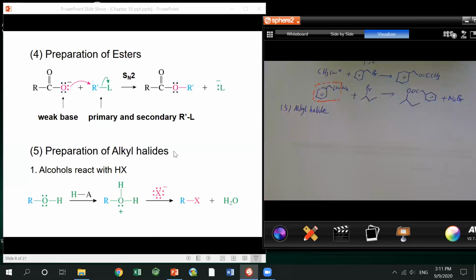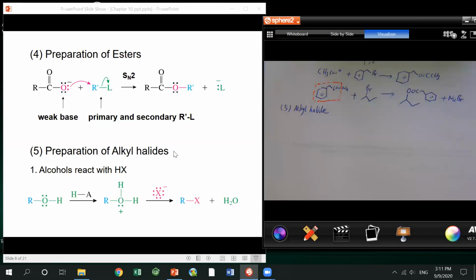You can use an alkyl halide as the substrate to prepare any other compound. Here it's the opposite: we want to prepare the alkyl halide. Normally we prepare alkyl halide from alcohol, and we already learned several ways to do that.